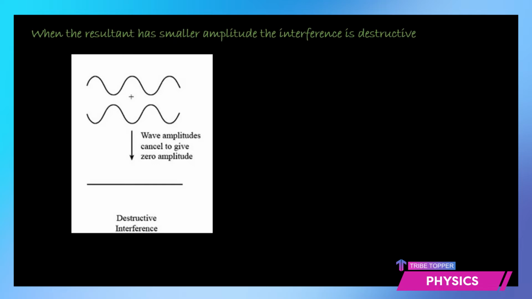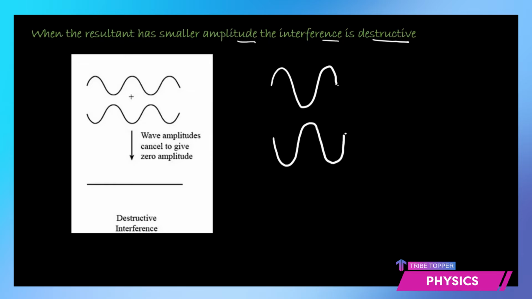And when your resultant wave has a smaller amplitude, we call that destructive interference. When does destructive interference happen? As you can see here, this wave is going in one direction and the other wave is going exactly opposite, that is, out of phase. Then how are these two waves going to interfere?